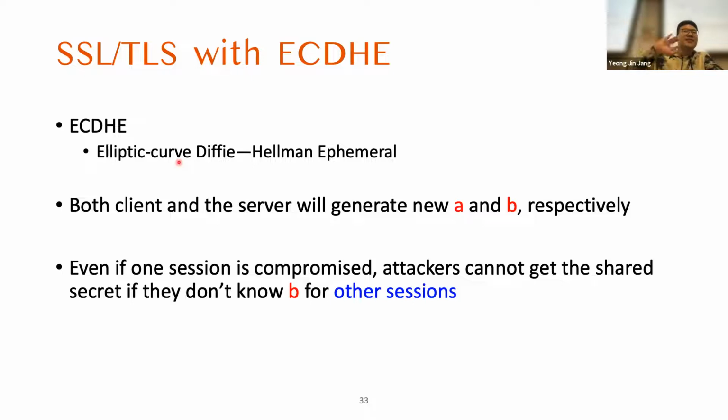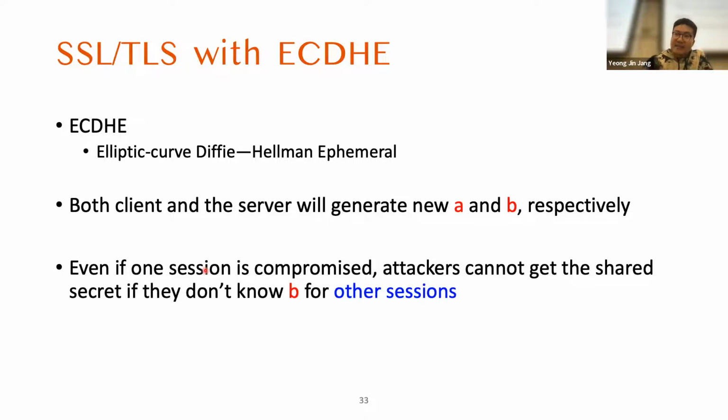So we are not using the plain discrete logarithm; we are using the elliptic curve based on discrete logarithm, and we do the Diffie-Hellman exchange over that. The last E, ephemeral, means that we will change the private key every time we make a connection. So even if one session got compromised, the attacker can never guess another A, another B, in the private communication. So we can keep the forward secrecy.